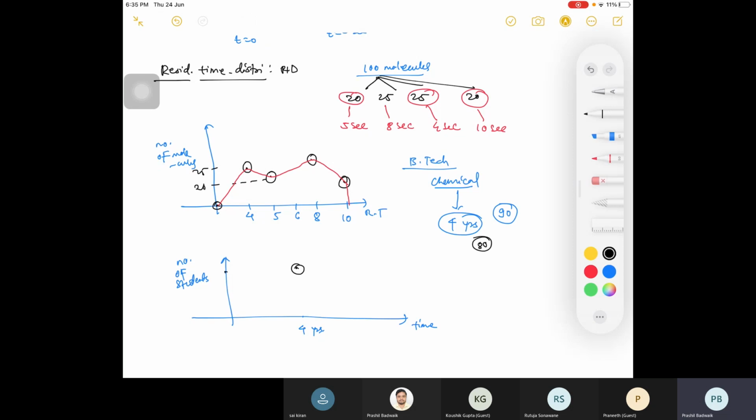There will be some students who will complete in 5 years, and some who will complete in 6 years. So this is your 5 year, 6 year. But the number of students will be less, right?